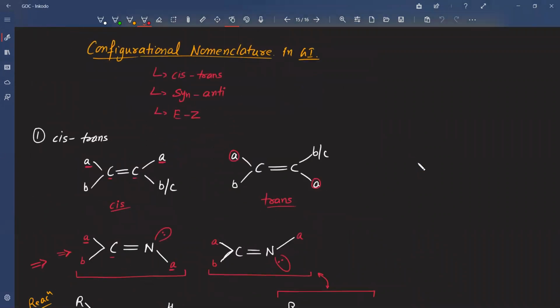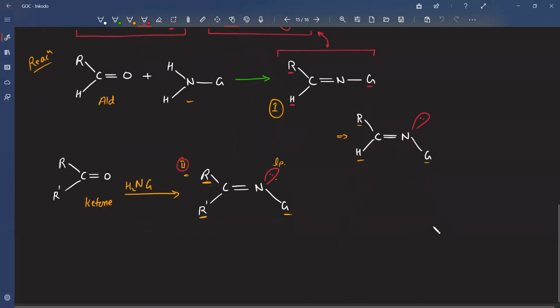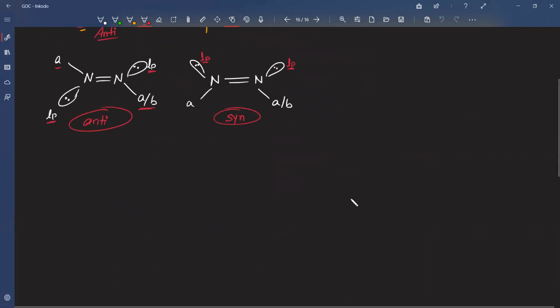So cis and trans will be only in those cases. As soon as nitrogen comes into the picture, there is a lone pair and it changes to syn and anti.